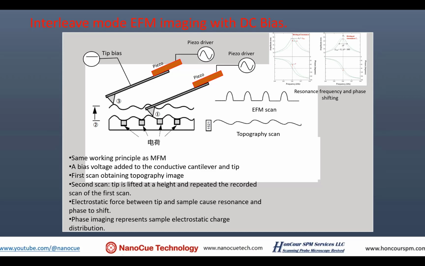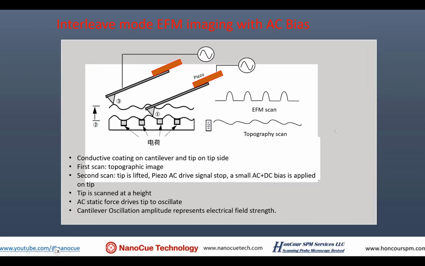Then, using a lock-in amplifier, you can lock onto that AC oscillation and detect a much smaller signal in a bigger noise. That's the basis of what I call interleave mode EFM with AC bias. Basically, it's biased in AC, and then you detect the oscillation at that particular frequency.